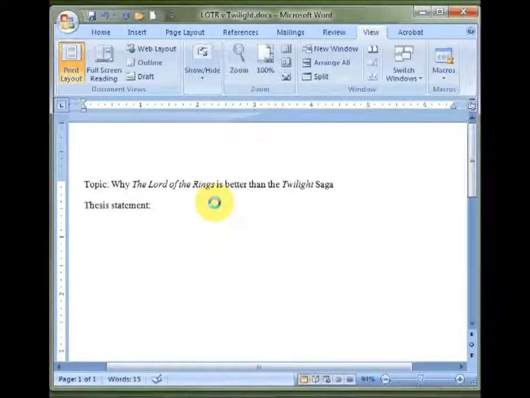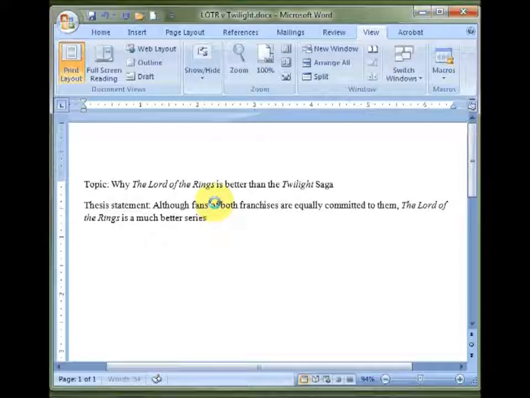Now, for this essay, my thesis statement is going to be, although fans of both franchises are equally committed to them, the Lord of the Rings is a much better series in terms of story, character, and overall message than the Twilight Saga.